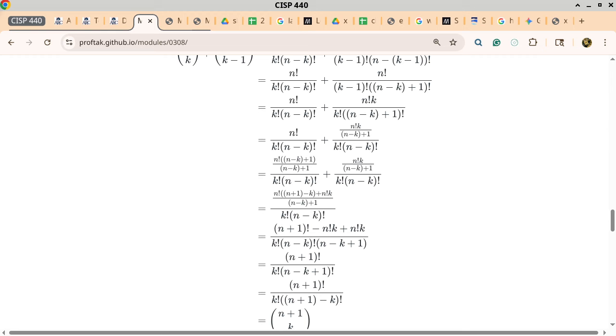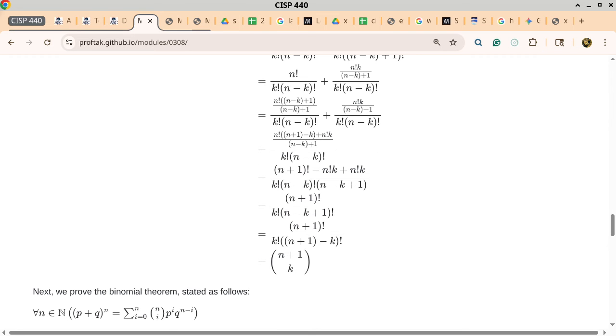And then on the other side, we have n factorial times k, but it's a subtraction. This is an addition. So these two terms cancel out. And that's why in the end, we just end up with n plus 1, the whole thing factorial, divided by k factorial times n plus 1 minus k factorial. But that is really n plus 1 choose k. Are we doing okay so far with the math?